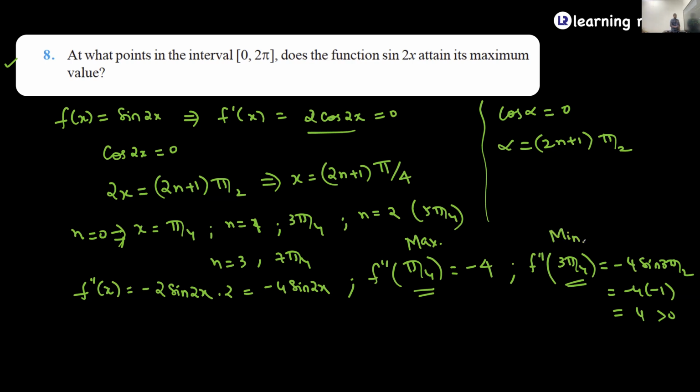Similarly, when you substitute 7 pi by 4, what are we going to get? Minus 4 sin of 7 pi by 2. Sin 7 pi by 2, which quadrant is it?